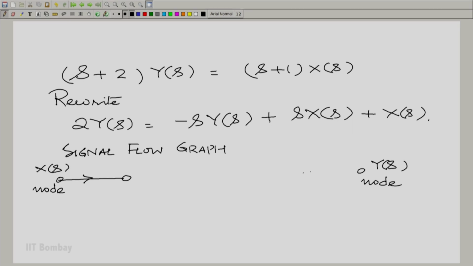So, you see, you have an equation which says 2 times Y(s) is something obtained by combination. So, let us take 2 to the other side. We cut off the 2 here and we will divide by 2 everywhere. So, of course, you need a half X(s) everywhere.